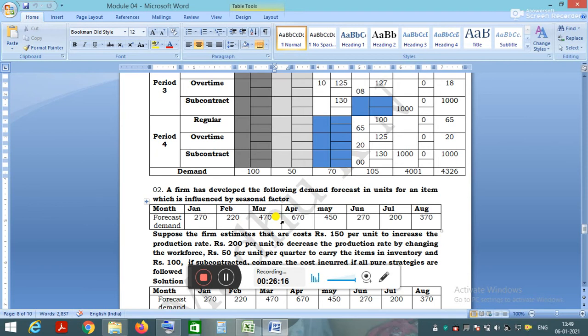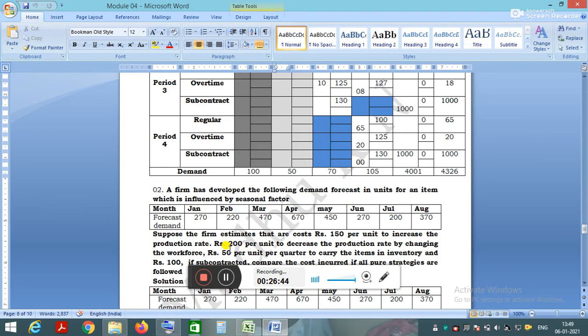If the production rate of the company is increased from 200 to 270, the cost of each product increases by 150 rupees. Similarly, due to a decrease in demand, if the production rate is decreased, it costs 200 rupees.